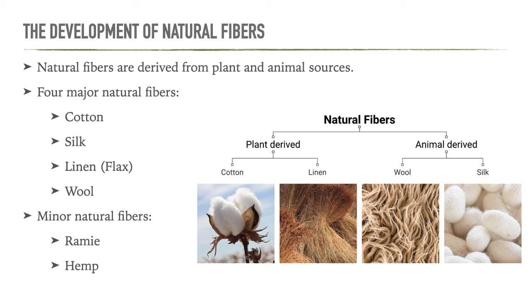Natural fibers were first used in prehistoric times. Flax, or linen, was discovered over 34,000 years ago in the Republic of Georgia. Out of all of the natural fibers, cotton is utilized the most. It's pretty much blended in everything that we wear.